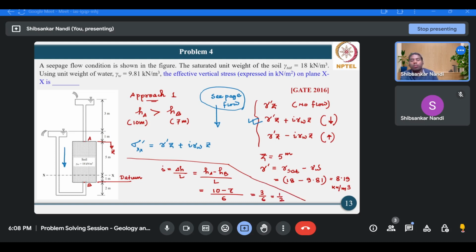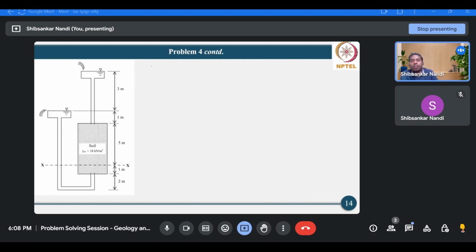In this way, we have calculated all the parameters involved in this equation, that is z, gamma prime, and i. Now we can easily calculate sigma xx prime. Sigma xx prime would be gamma prime into z, that is 8.19 into 5, plus i gamma w z. i is half, gamma w is 9.81, and z is again 5.